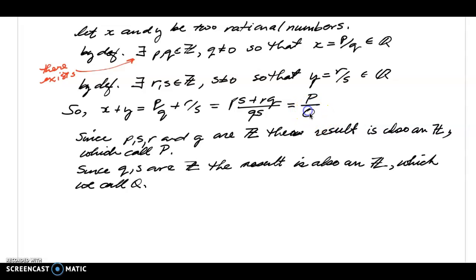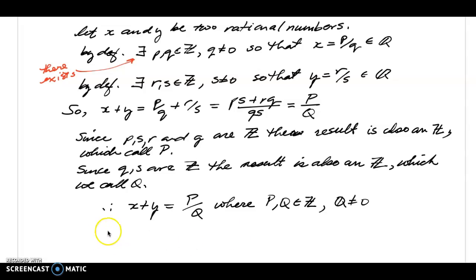So that would then just be q, right? Therefore x plus y is equal to p over q, where p and q belong to the integers and q cannot equal 0.